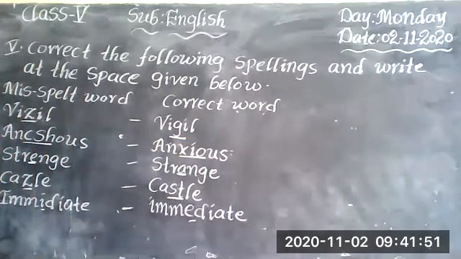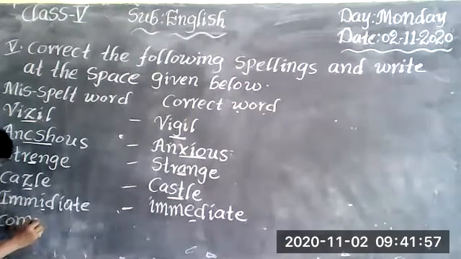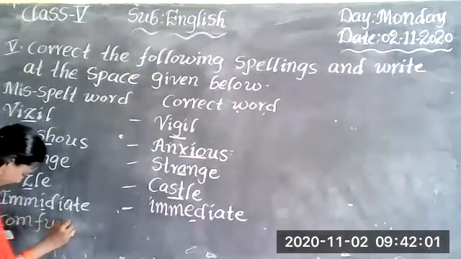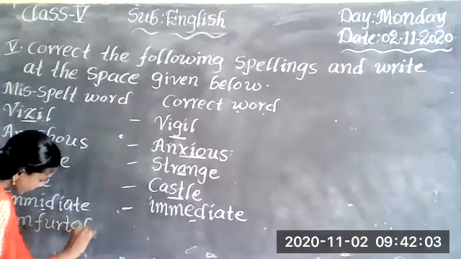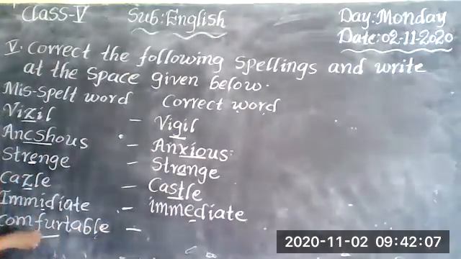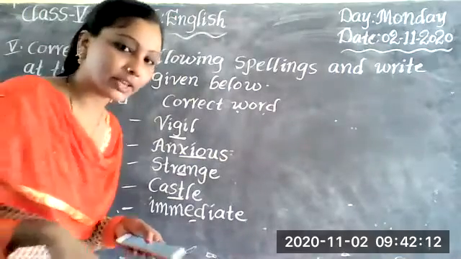Okay. Next, what is the sixth word? Comfortable. What is the spelling of comfortable? Here, COMFURTABLE. So what is wrongly written here? U. Is that the spelling of comfortable? Very good.